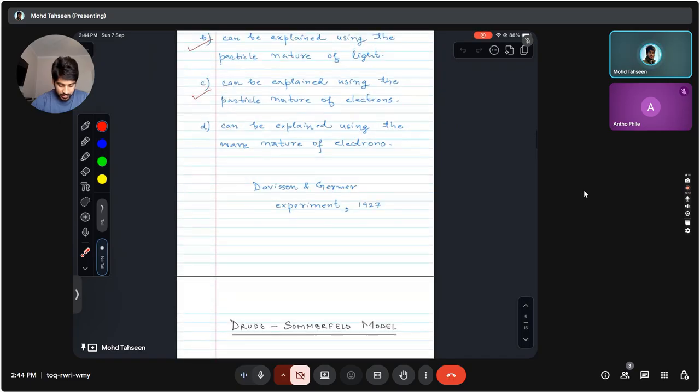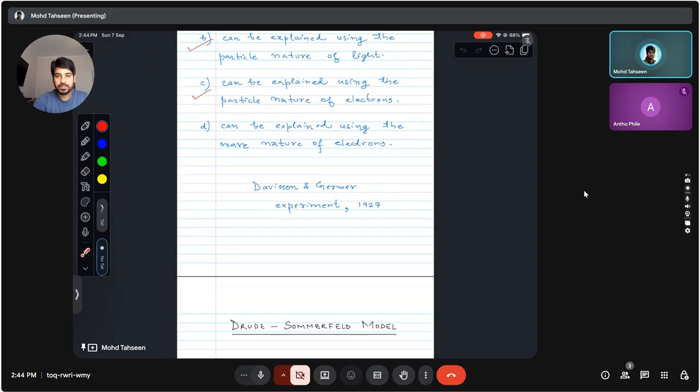There was one more famous experiment done in 1927, which is called the Davisson and Germer experiment. This was the first experiment which established the wave behavior of electrons.